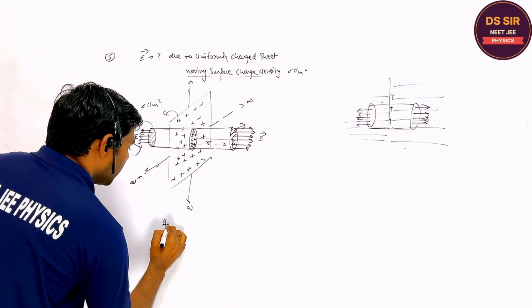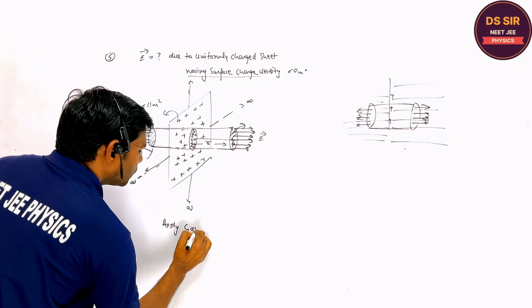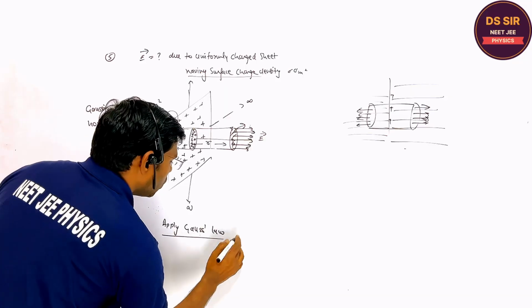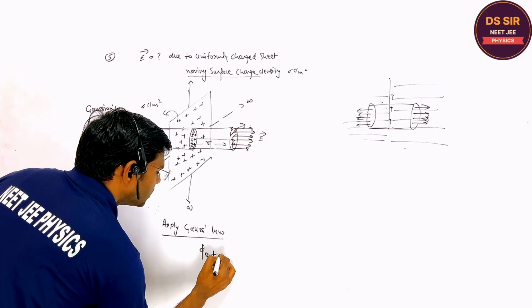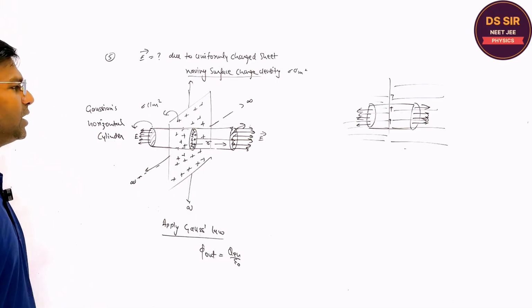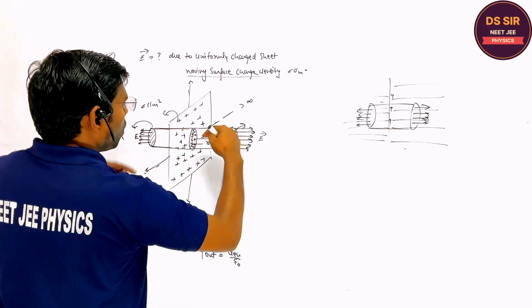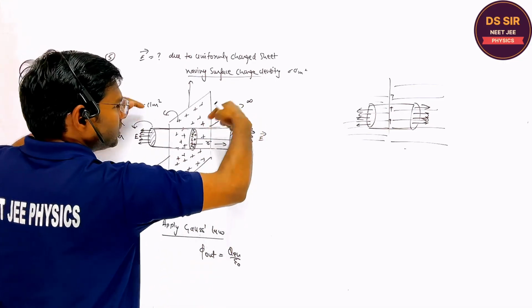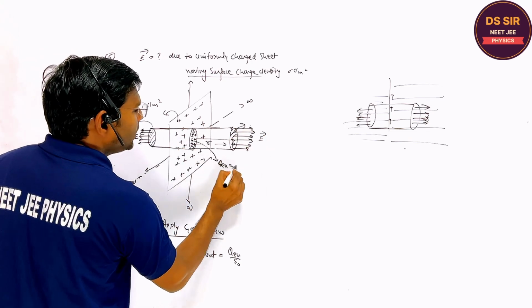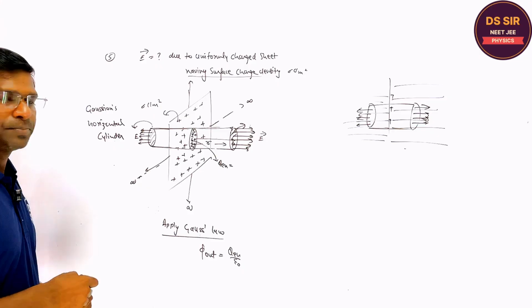So now you can apply Gauss's law. What is Gauss's law? The net outward flux is equal to the charge enclosed divided by epsilon naught. Can you write the charge enclosed here? Yes.